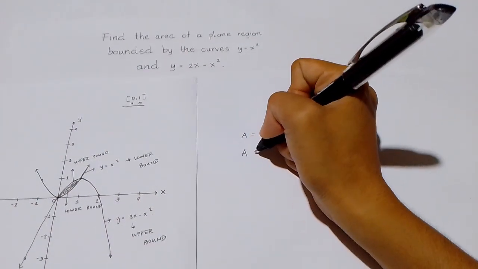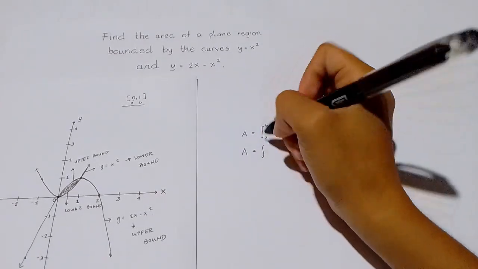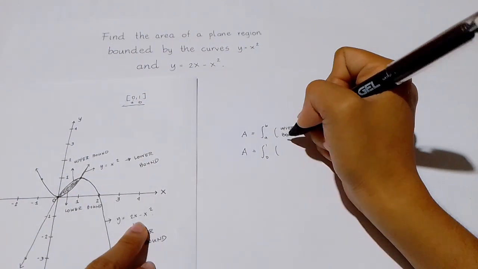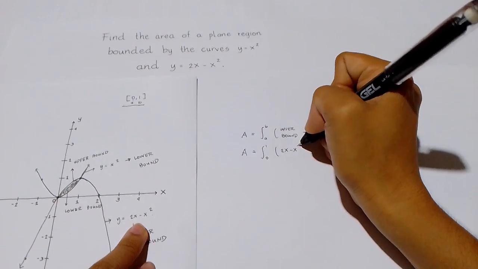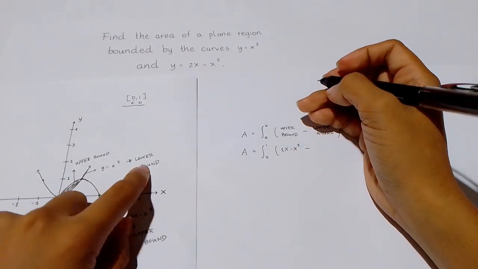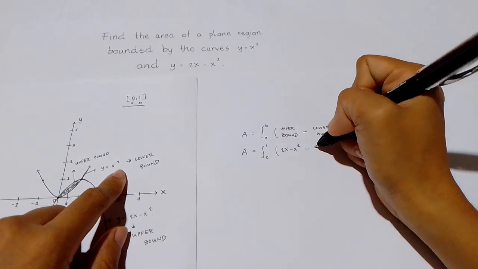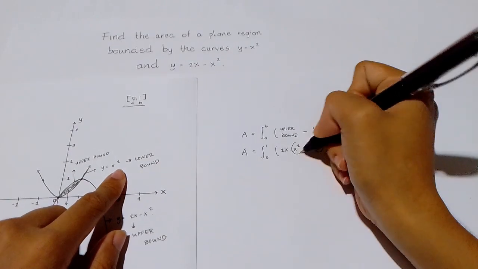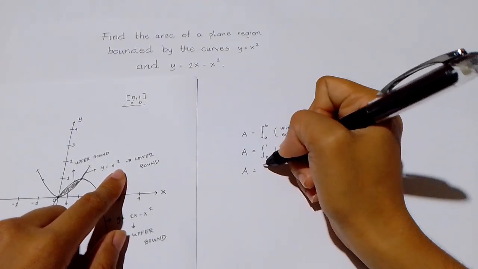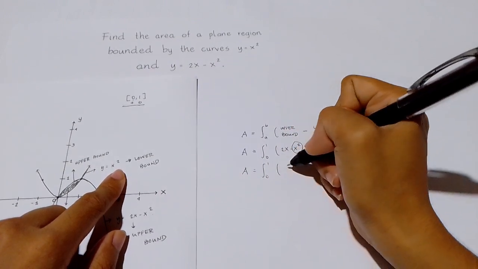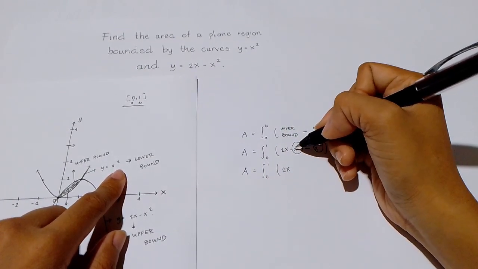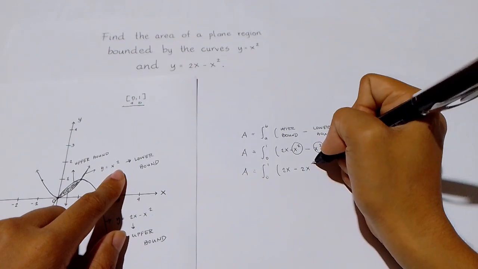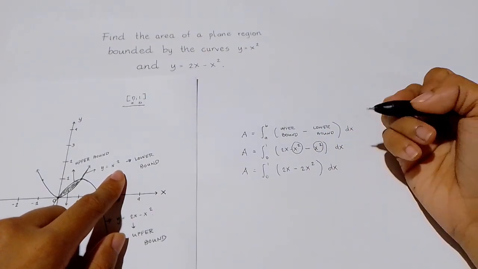So area is equal to the integral from 0 to 1 of the upper bound, which is 2x minus x squared, minus the lower bound, which is x squared, dx. Then combine like terms. So area is equal to the integral from 0 to 1 of 2x, then negative x squared minus x squared is negative 2x squared dx.